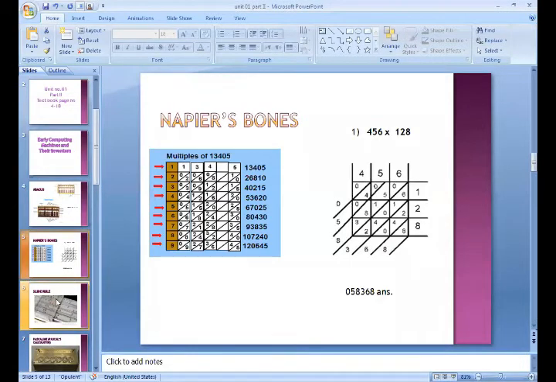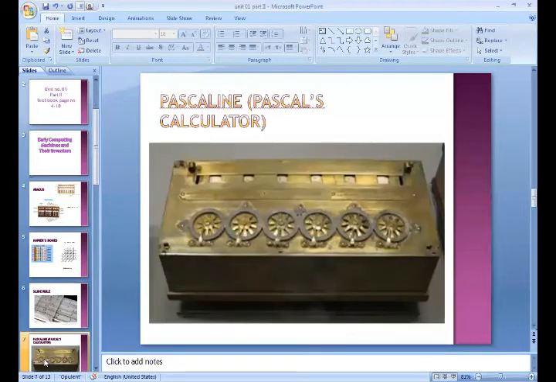Next is the Pascaline, the Pascal calculator. The Pascal calculator was invented by Blaise Pascal in the early 17th century, and the first operating model, called a numerical wheel calculator, was introduced in 1642.